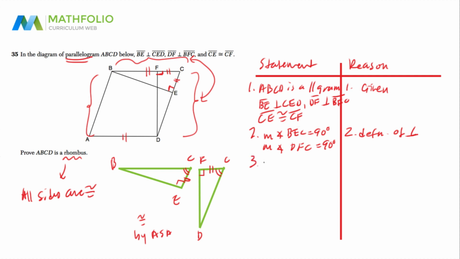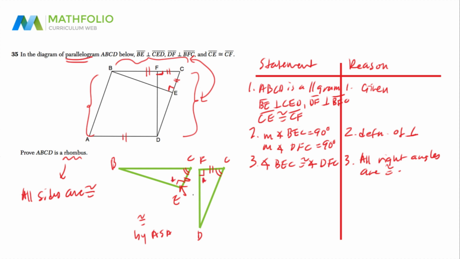The next thing we can do is say that angle BEC, we're talking about this one right here, is congruent to angle DFC, and the reason for that is all right angles are congruent.